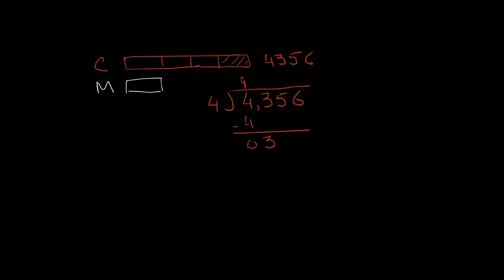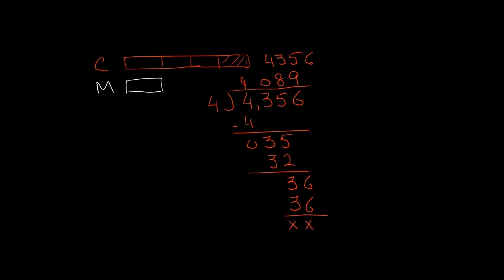You can't give 300s, so you put a 0 here. Then you interpret the 300s as 30 tens, and you have another 10 over here, so you have 35 tens. Those you can certainly give out. You have 8 fours are 32, and you're left with 3 tens that you interpret as 30 ones, and you have 6 ones, so you have 36 ones, and 9 fours are 36, and you have given away everything.